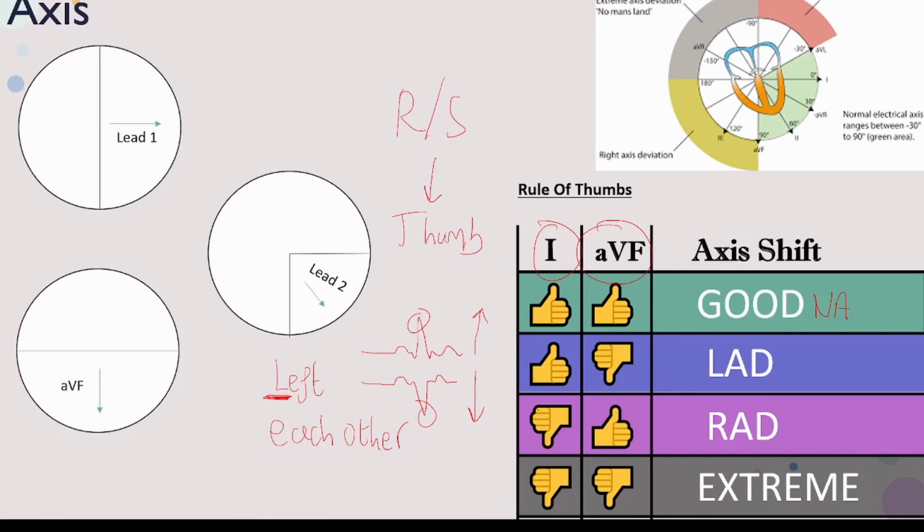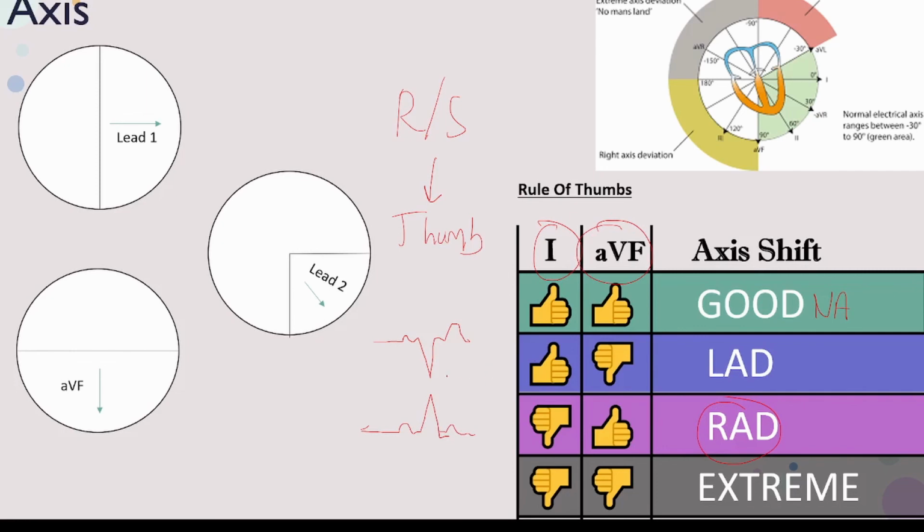Alternatively, if I have in lead 1 one thumbs down, a negative deflection, and I have in my AVF a positive deflection, what's happening now? Well, here I have a right axis deviation.